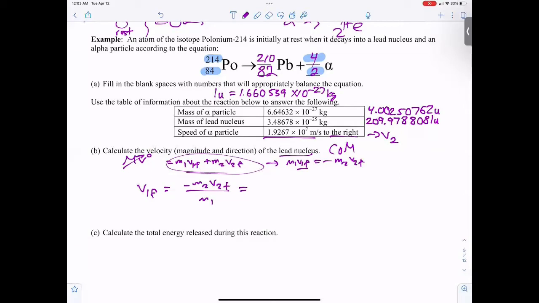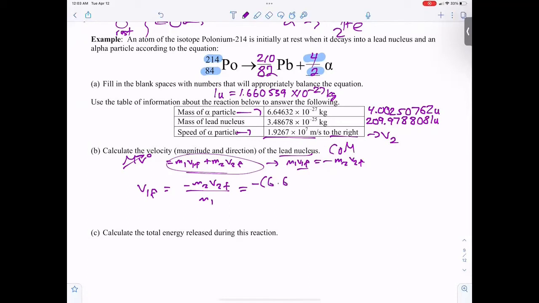And so we have negative mass 2. Now I'm going to use everything in kilograms for now. Mass 2 would be referring to the alpha particle. So everything about the alpha particle, if that's V2, that's going to be mass 2.